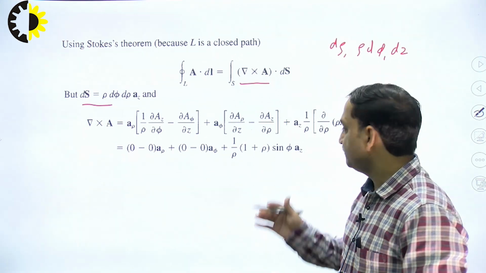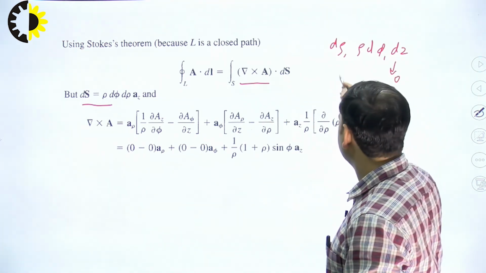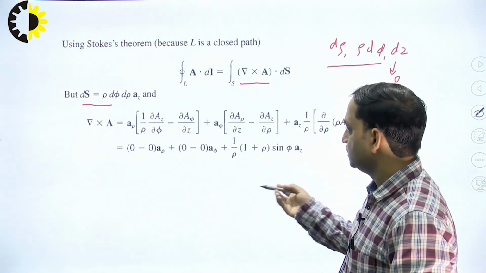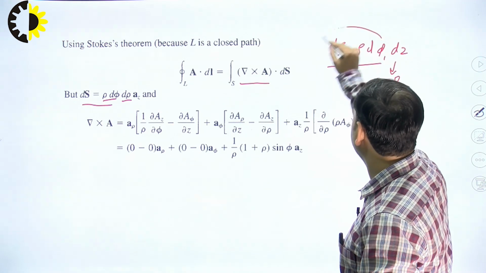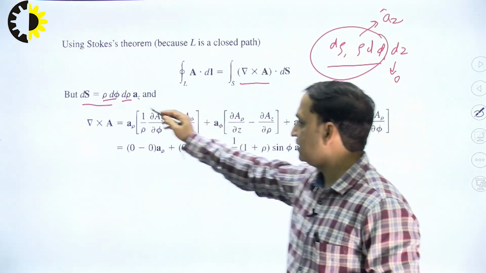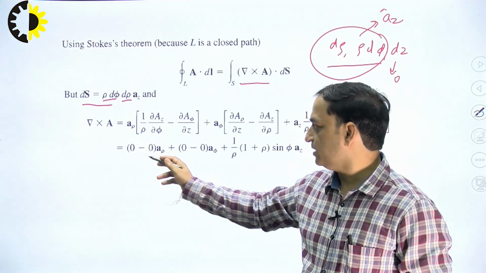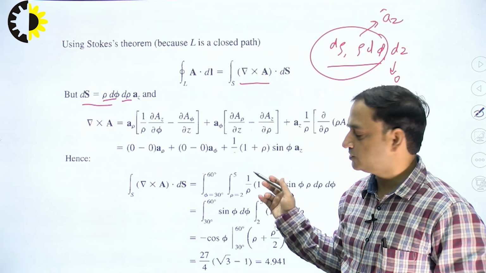Z is constant for this case, so that will become 0. What is left? d rho and rho d phi, and the direction of this one will be az, simple.